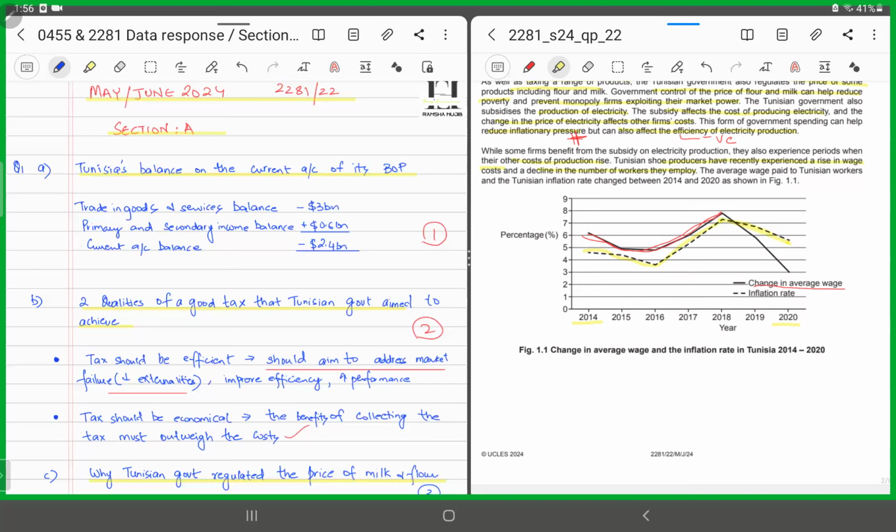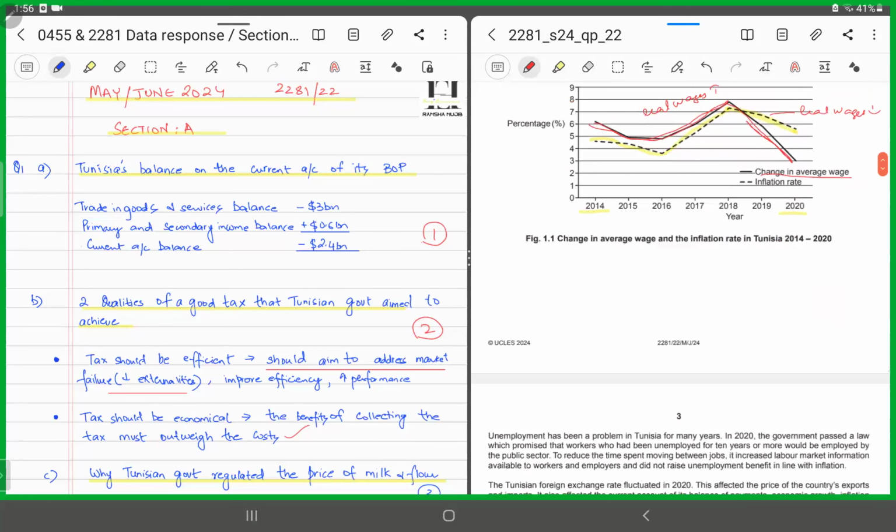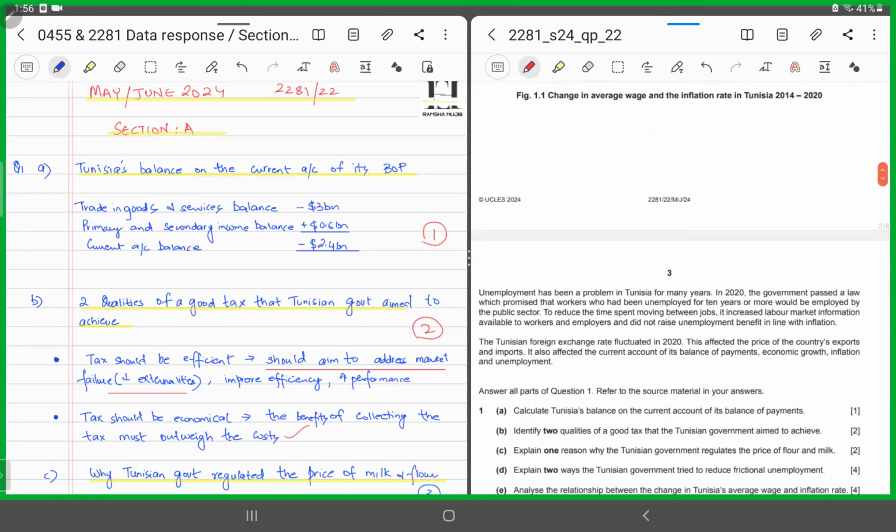But the change in inflation is more than the change in the average wage. So this means here from 2018 till 2020, the real wages are falling. But from 2014 to 2018, the real wages were rising. Right? All right. Now they're talking to us about unemployment, and they're saying unemployment has been a problem in Tunisia for many years.